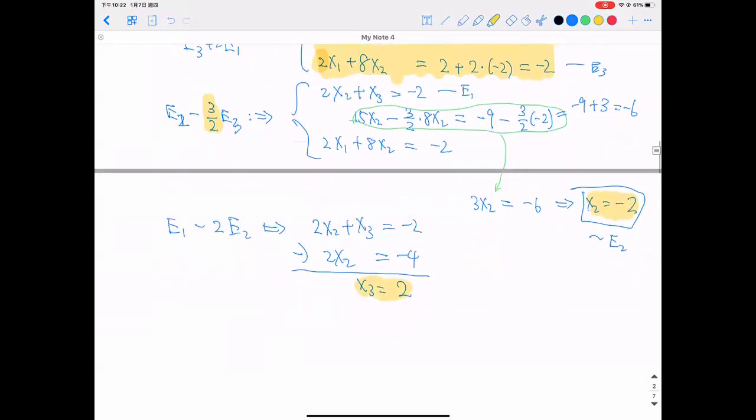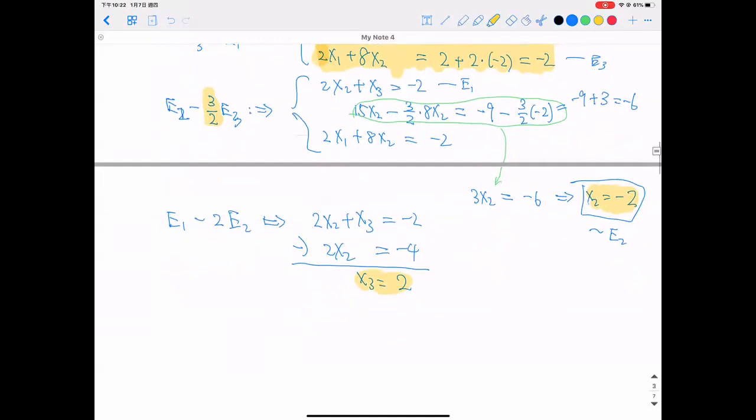Very good. Now finally, if I do E3 minus 8E2, what do I get? I get E3. E3 is 2x1 plus 8x2 equals minus 2.